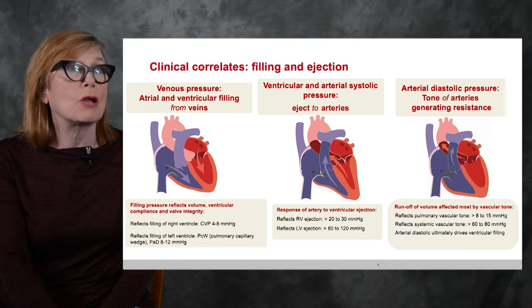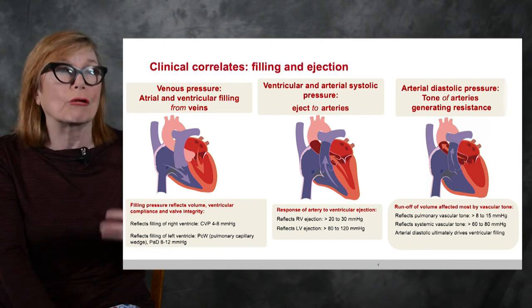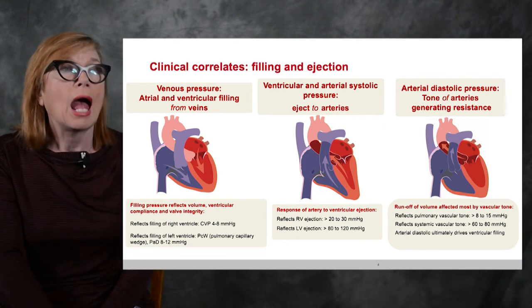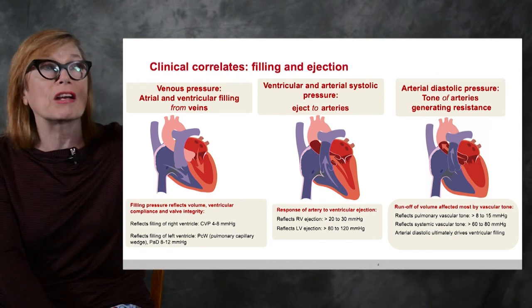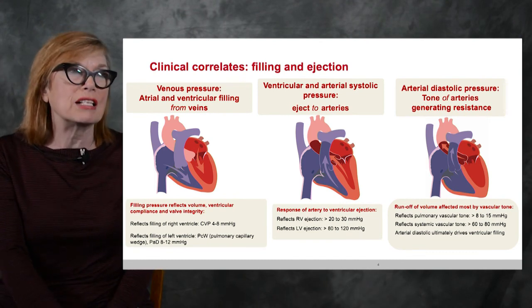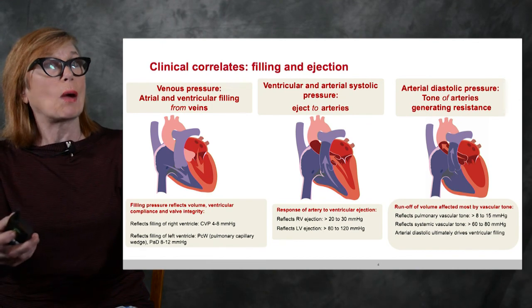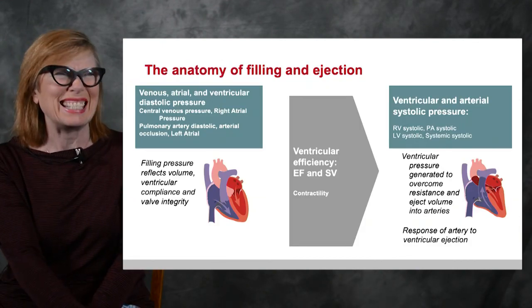So that makes you know that if your systolic pressure is low, I might need to encourage a better contraction from the ventricle filling that artery. And if your diastolic pressure is low, I might need to consider vasopressor therapy. It makes perfect sense when we look at it in this way to separate it out and to understand it more in depth.